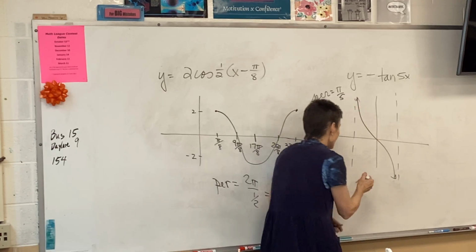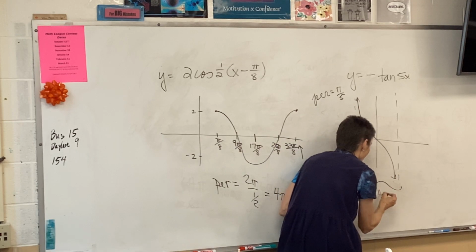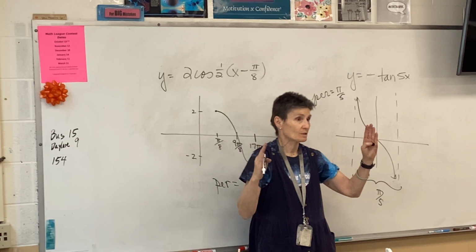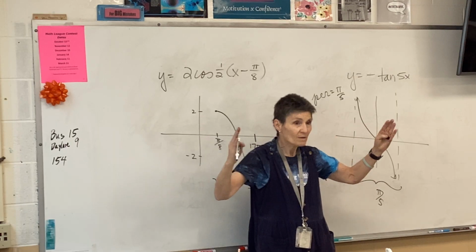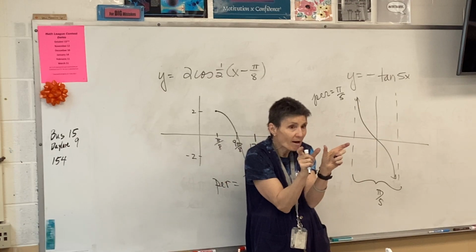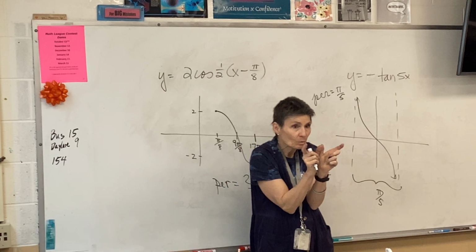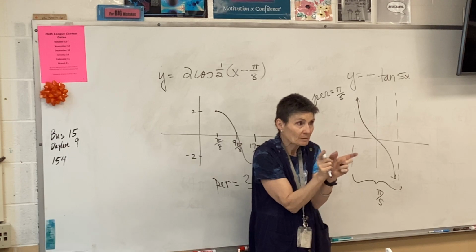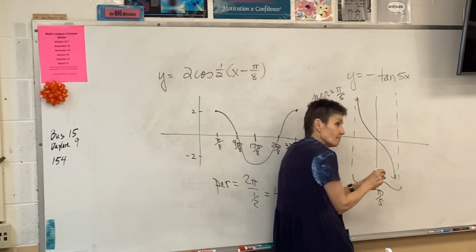That means that this is pi over 5, from asymptote to asymptote. So if the whole thing is 1/5, then each half would have to be 1/10.